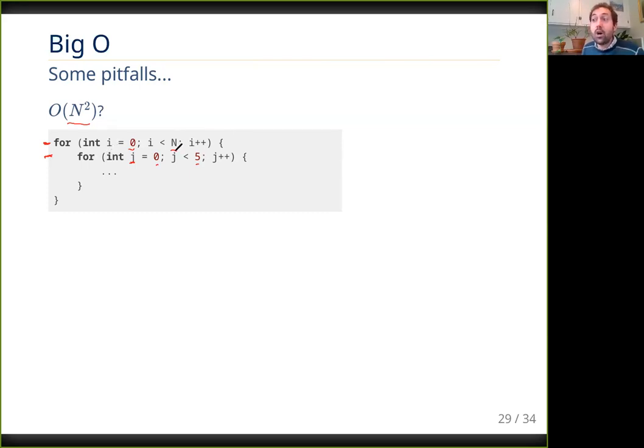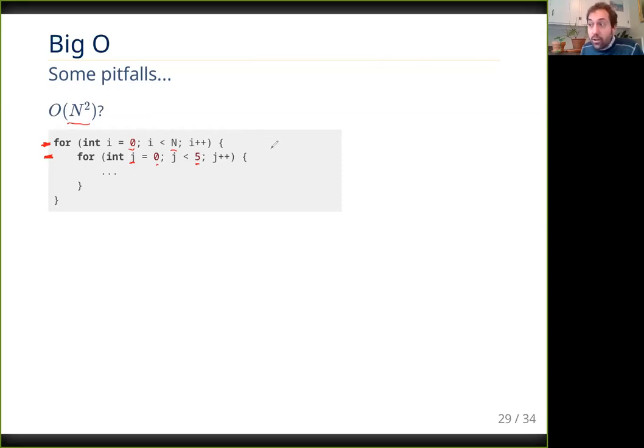If n is 1,000, then this for loop will run 1,000 times, and this one will run 5 times for every iteration of i. Now, if n is 1,000,000, then yes, you're going to run this first for loop 1,000,000 times, which is bigger than before. But you see that the inner loop will still only run 5 times per iteration of i.